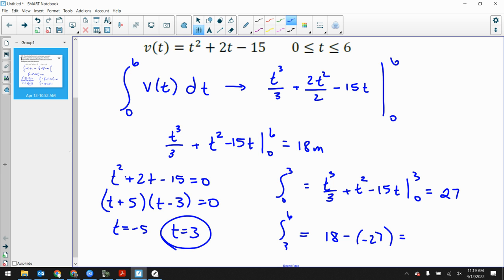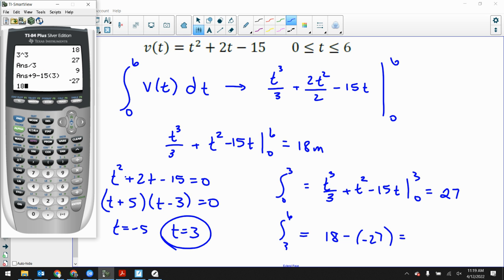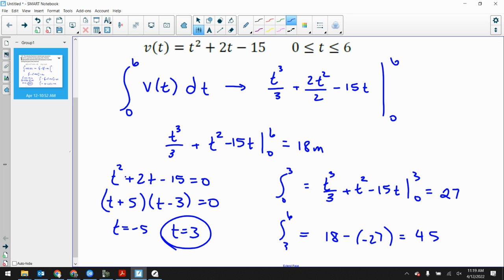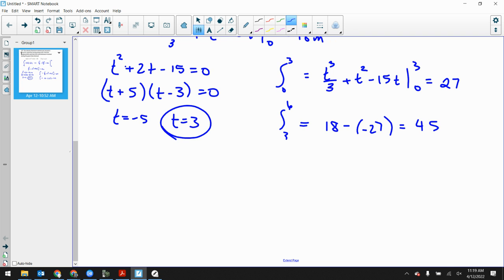I could run those numbers again just by plugging those in, but that's what I get. So 18 minus a negative 27 gets me a positive 45. So all said and done, total distance traveled, 72 meters.